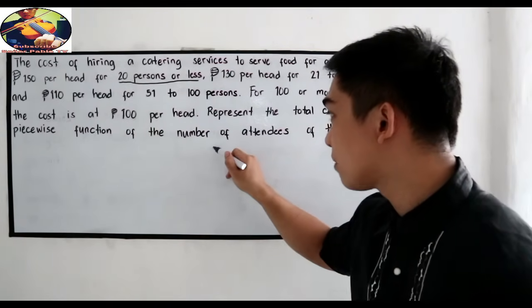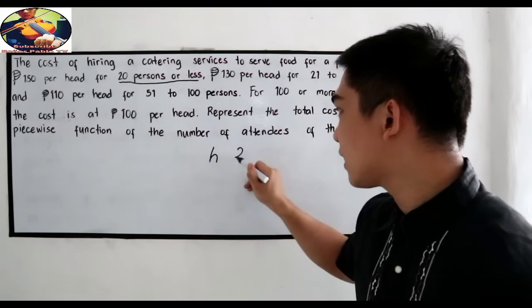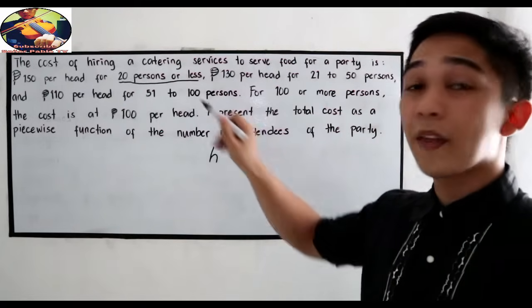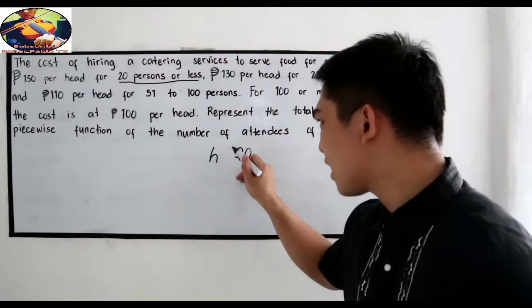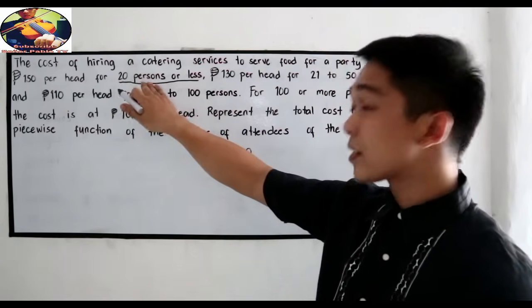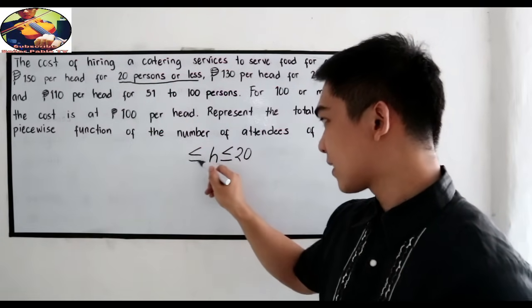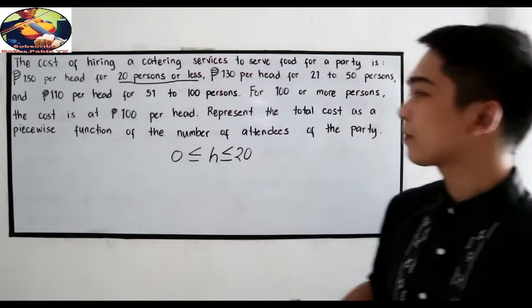So, kapag ang person ay less than 20, so less than or equal to 20. Yan. Kasama si 20 or less, o mas mababa.